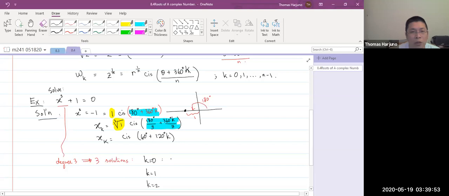When k equals 0, x0 is cis 60 degrees. x1, when k equals 1, is cis 180 degrees. And when k equals 2, there's another one that is cis 300 degrees.